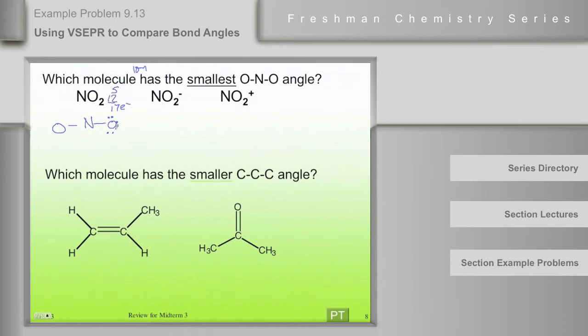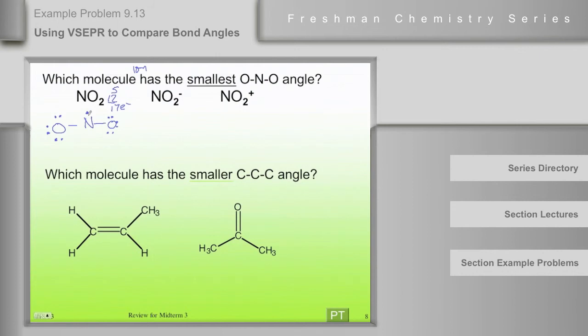So that leaves us with 5 pairs. We had 17, so that's 16 and 1 is 8 pairs. We used 2 of the pairs, so we have 6 pairs left. Okay, and a single electron right here.